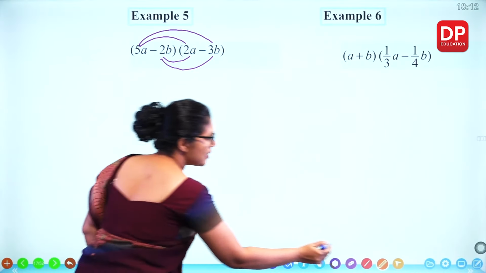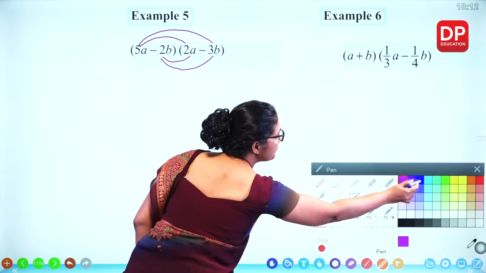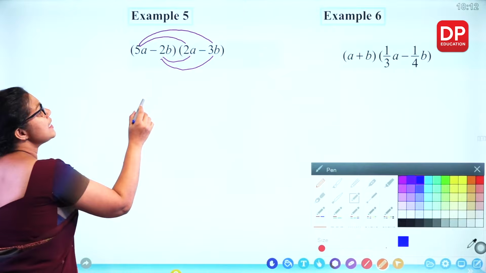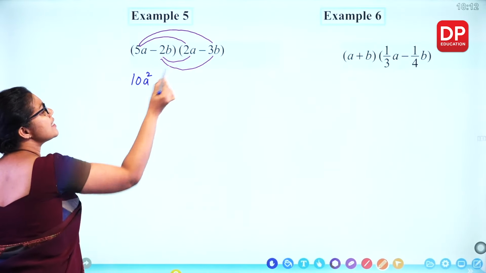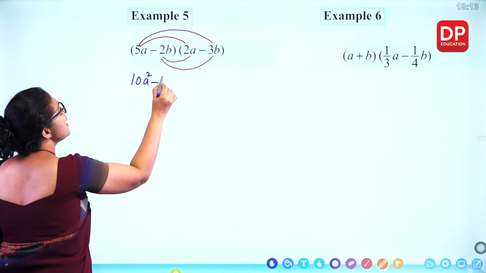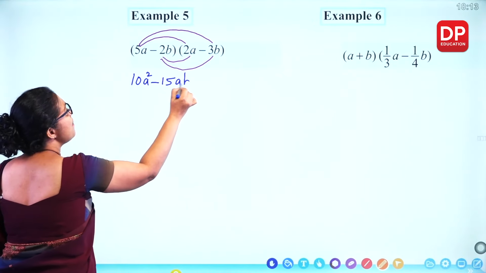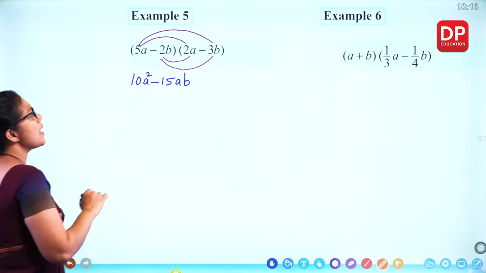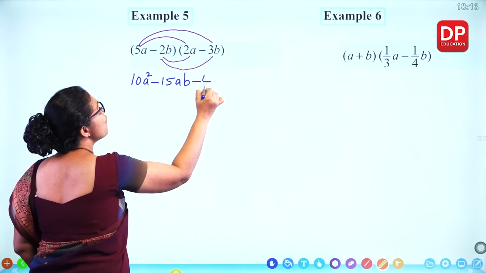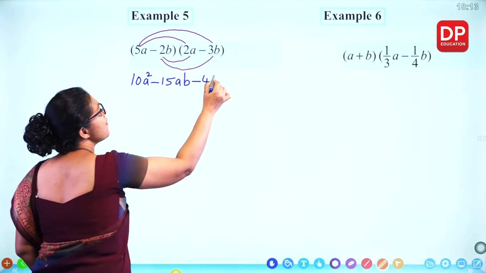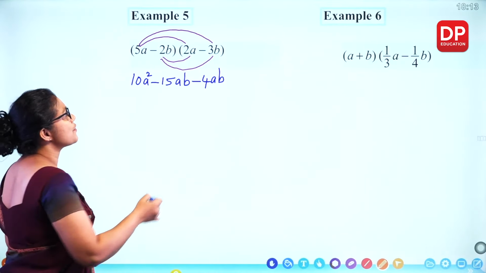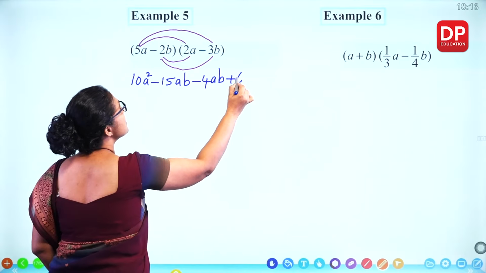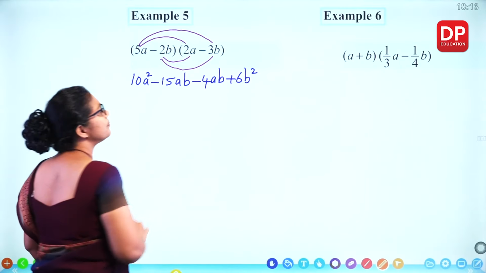So we can write down 5a times 2a, 10a squared. 5a times minus 3b, minus 15ab. Minus 2b times 2a, minus 4ba, or I can write ab. Minus 2b times minus 3b, plus 6b squared.